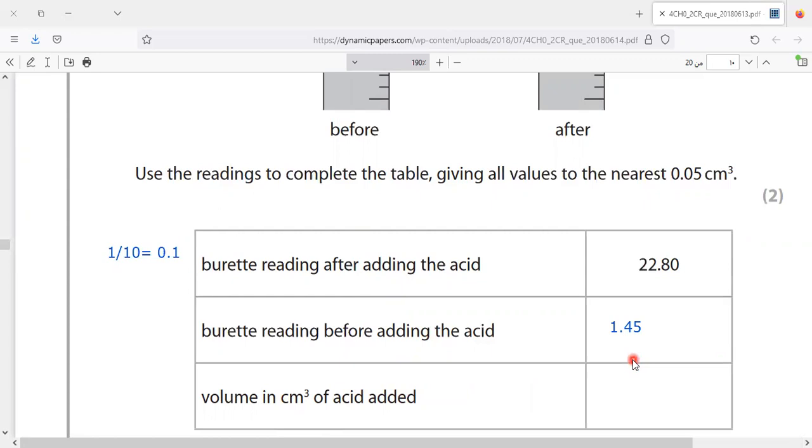You have to subtract. 21.35. Okay. Complete your question. This is just for reading, nothing else.